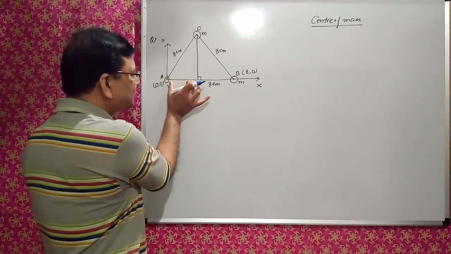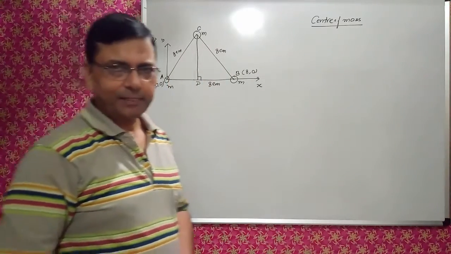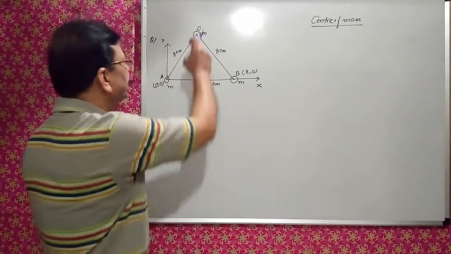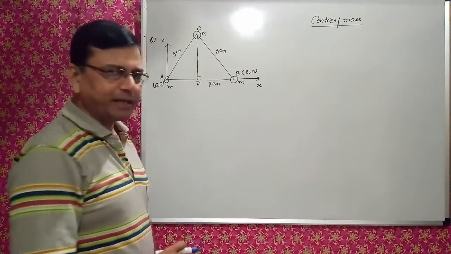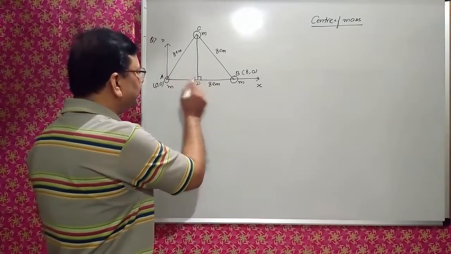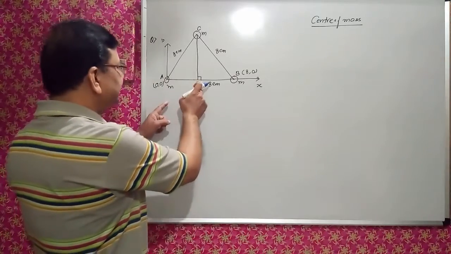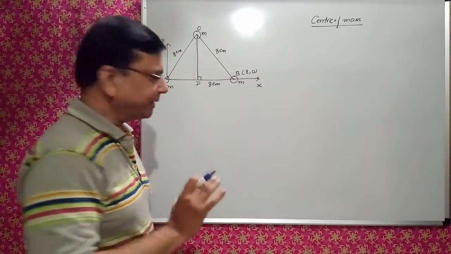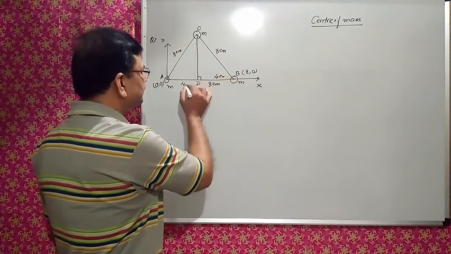So this is x coordinate, and since it is an equilateral triangle, you must be knowing if perpendicular is dropped from this vertex on this side AB, then it divides this AB into equal halves, or we can say this point bisects AB. So this will be 4 centimeter, this will also be 4 centimeter.